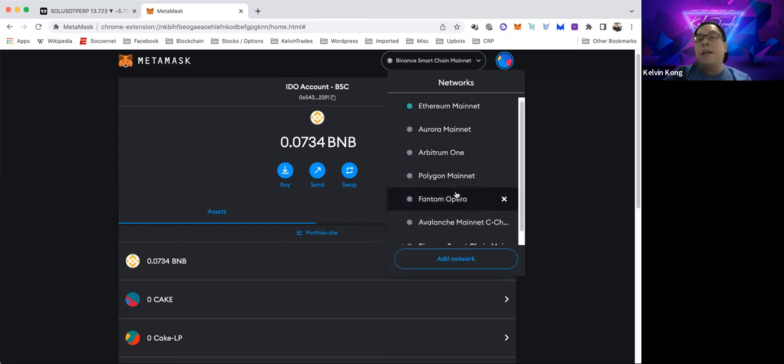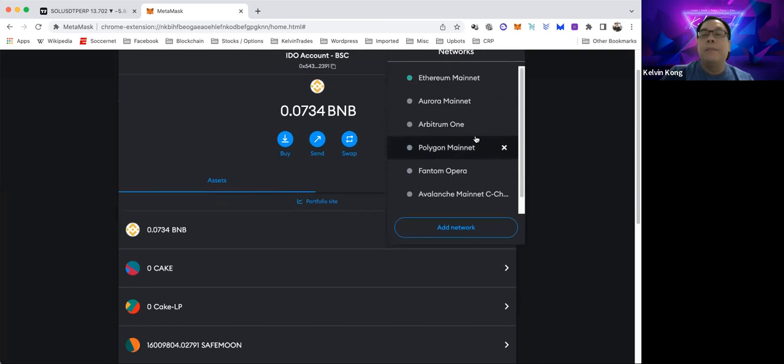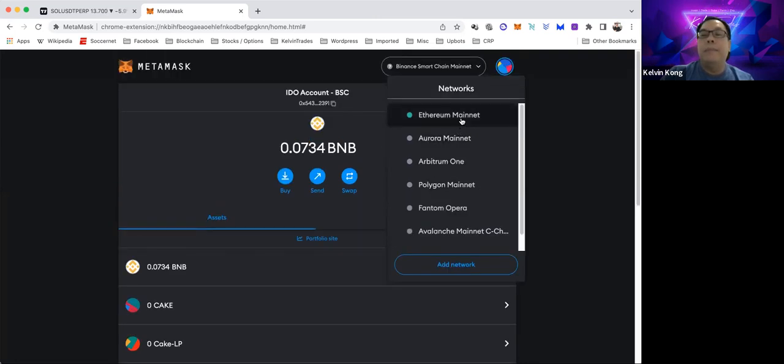So you may have another wallet created somewhere else that uses Ethereum. For example, you can import it into your MetaMask, so everything stays in one place. Right? Any questions?